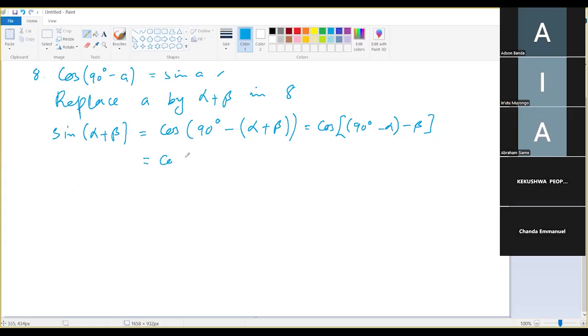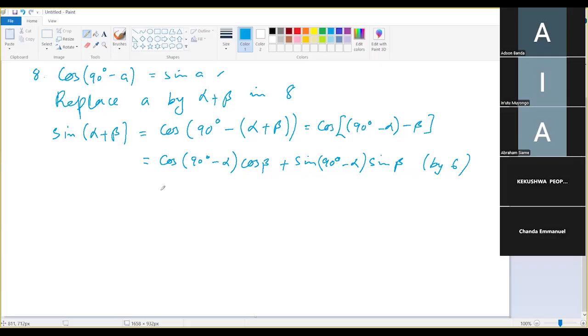So it will be the cosine of 90 degrees minus alpha times the cosine of beta, then plus the sine of 90 degrees minus alpha times the sine of beta. So this is by identity number 6.